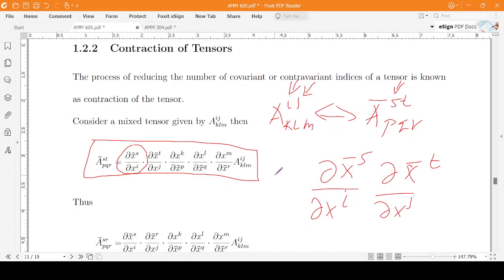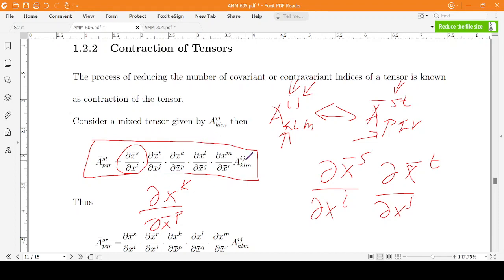For the covariant indices, we shall have dxk, and then the corresponding index dx bar p, and so on. So that we have this kind of equation here.